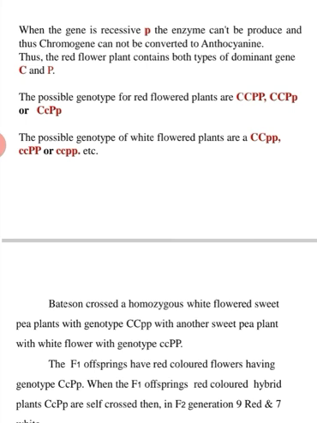In the first genotype, capital C is present but capital P is absent. In the second genotype, capital P is present but capital C is absent. And in the third, both are recessive, so both dominant genes are not present.